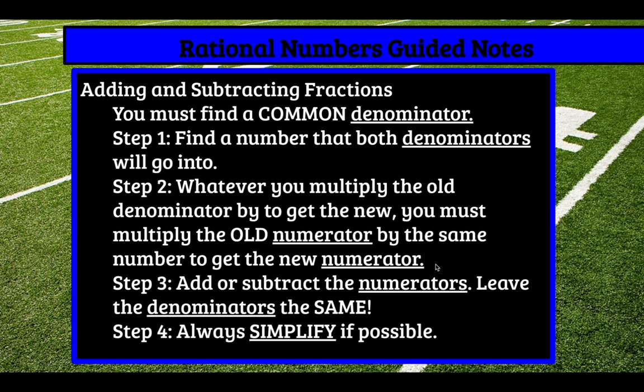We call that finding equivalent ratios. We talked about that in our ratios and proportions unit. After you get common denominators and make the fractions equivalent, you add or subtract your numerators, and you leave your denominators the same. Always simplify if possible. If your answer is not in simplest form, simplify it.